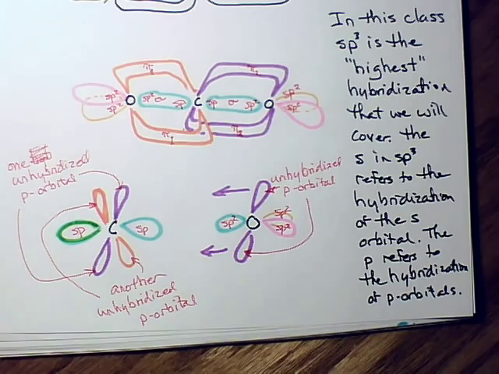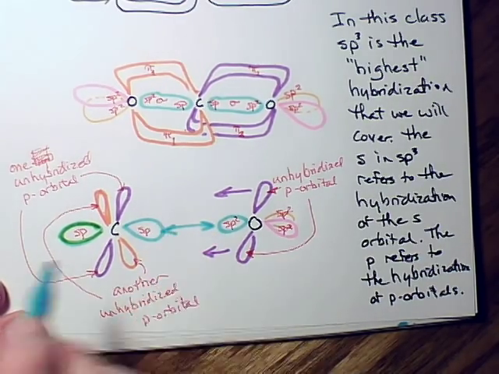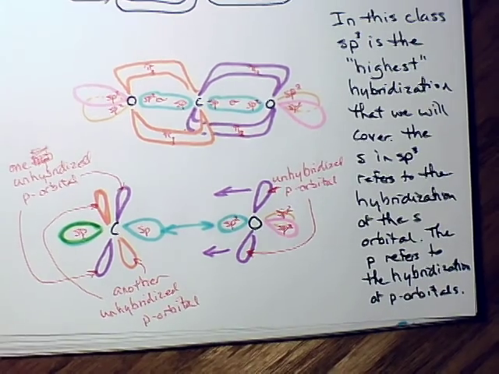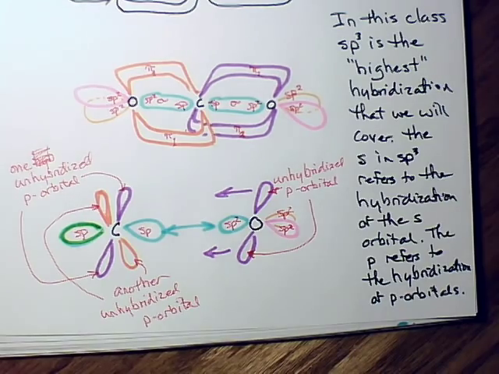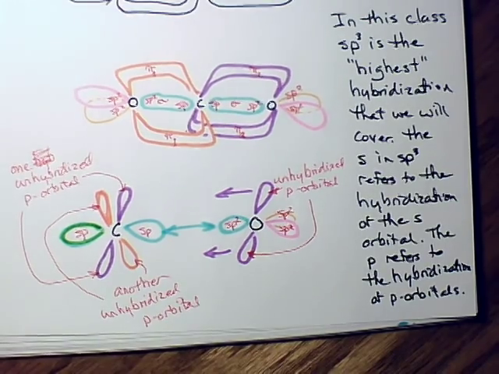Pretty much. I'm so confused about how an sp2 would work. Is it only if you're highlighting one sp? If you only hybridize one S and one P, that's SP. One S, one P, SP. If I hybridize one S, an S orbital, and two P orbitals, that's SP2.